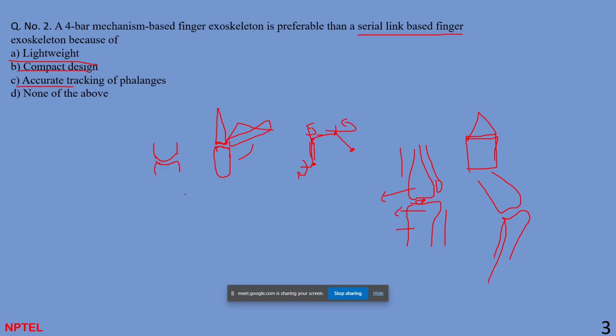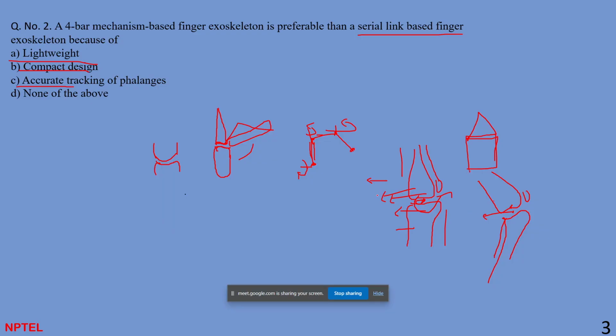When you do this, it not only rotates about this point, it also translates. The femur will go backwards, posterior to your tibia, when it bends. So what happens is your instantaneous center shifts.